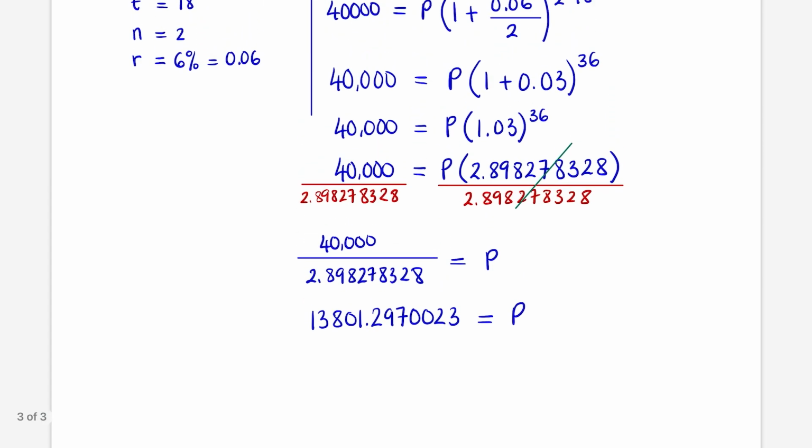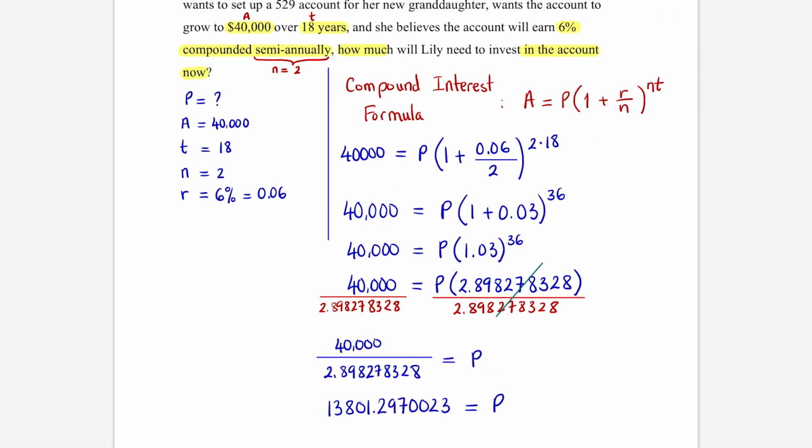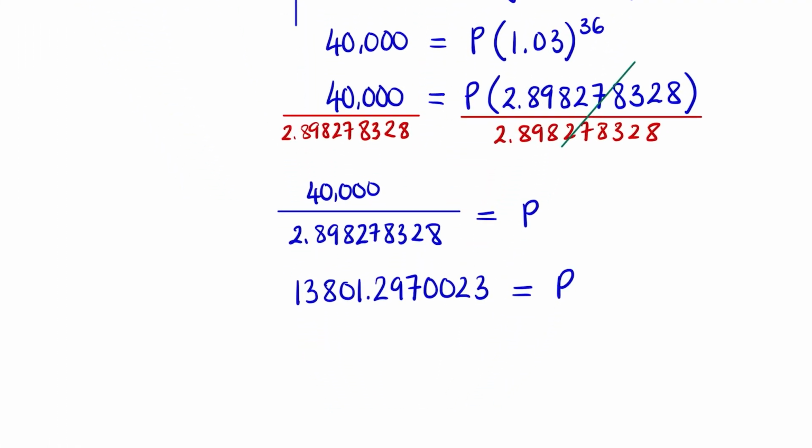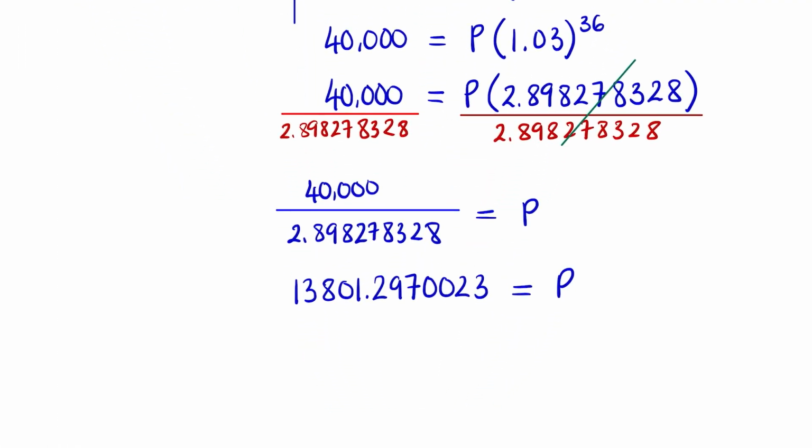Okay, so I don't have any rounding instruction up here, but because we're working in the amount of dollars, I'm going to round it to 2 decimal places, which is stop right here. This digit is 7, so I round up. I get 13,801.30.